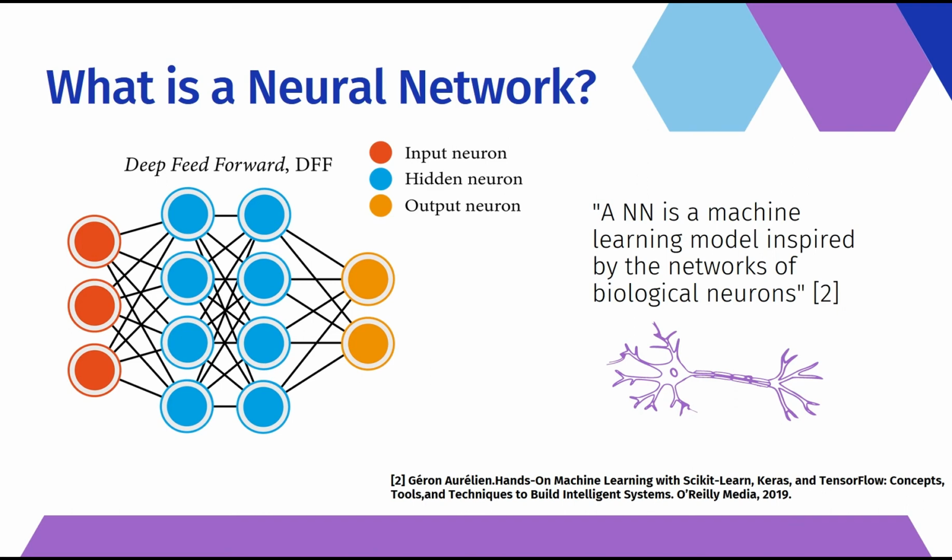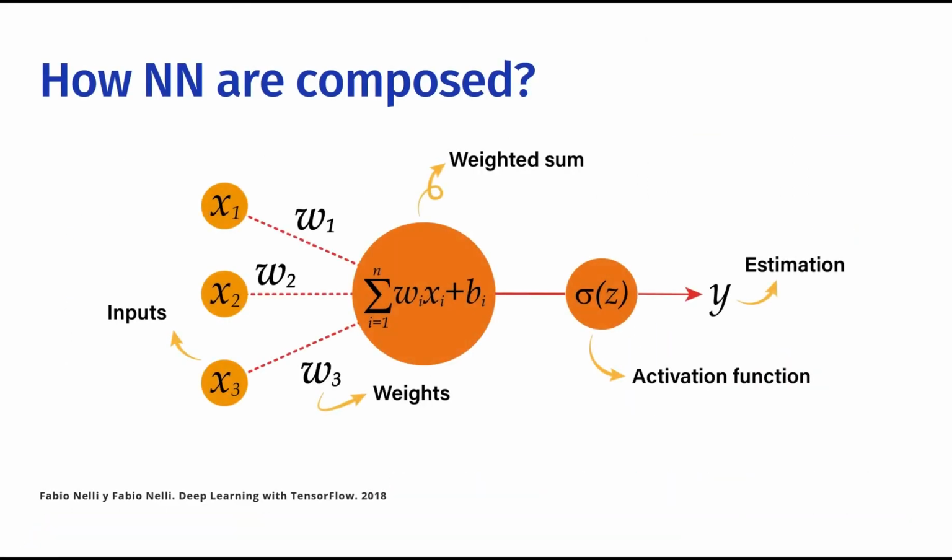As their name suggests, neural networks are composed of neurons that are a mathematical representation of the biological mechanism of a neuron in the brain. Here, a set of inputs enters a weighted sum, and after we pass it through an activation function, we obtain an estimation. This last value can be passed to a following neuron or can be used as a prediction.